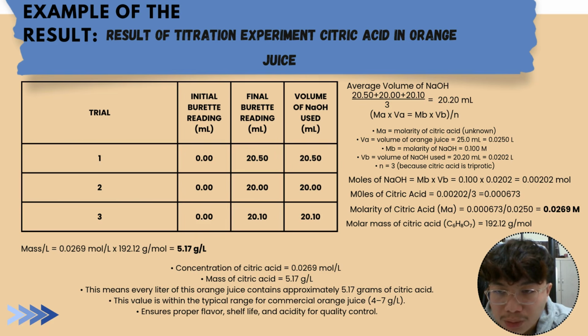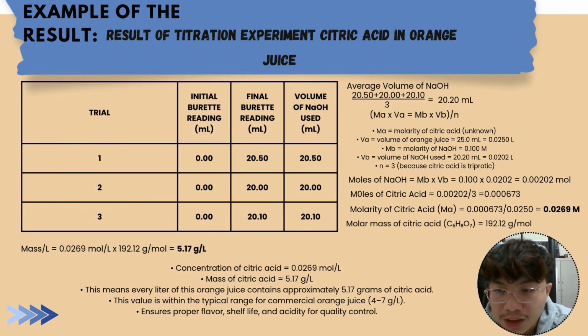MB is the molarity of NaOH, equal to 0.100 molar. VB is the volume of NaOH used, equal to 20.20 milliliters, or 0.202 liter, and N equals 3 because citric acid is triprotic.